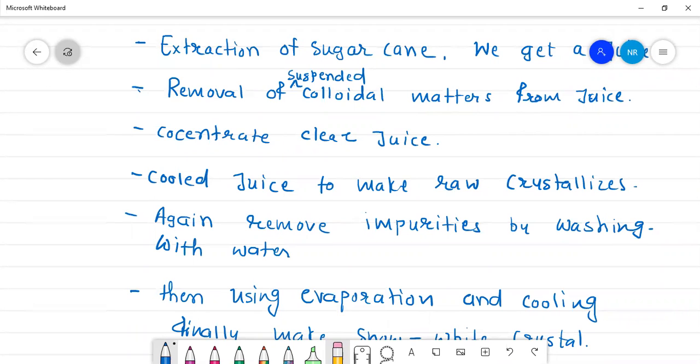So one of the very difficult tasks in crystallization is to make every crystal of uniform size and uniform shape. It means crystal size distribution is a very important quality parameter for crystallization. One example: if we do the crystallization of sugar, they can also make a very large crystal, like in Gujarati we say sakar na dana.